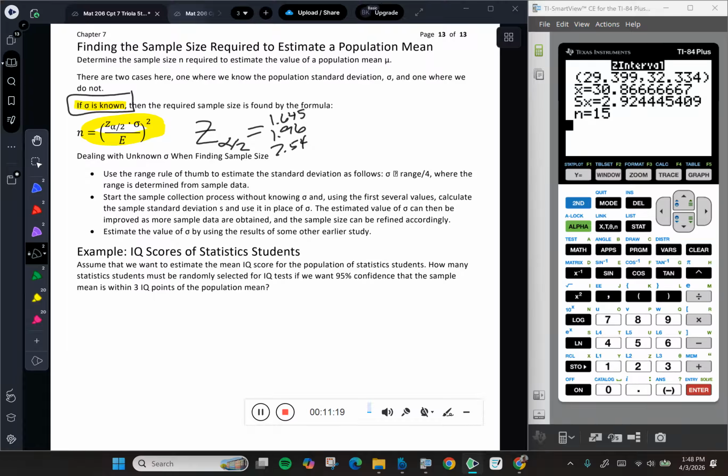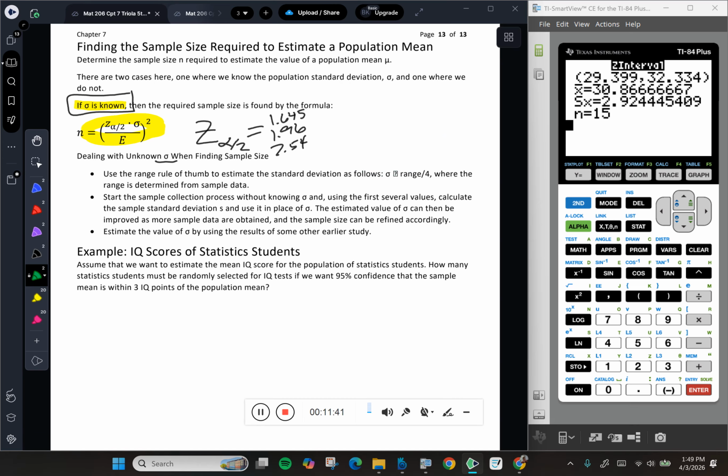If you don't know your population standard deviation, and remember, the whole idea behind finding the sample size is you haven't sampled yet. And if you haven't sampled yet, you wouldn't know a sample standard deviation, right?